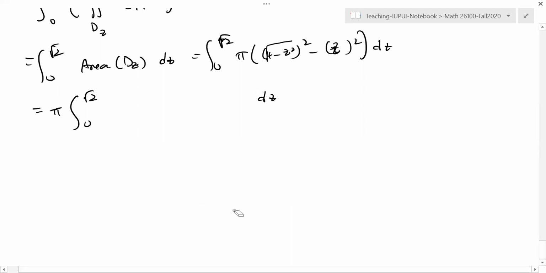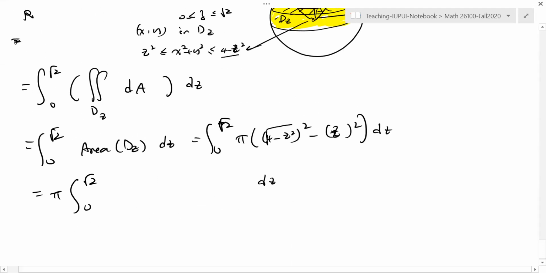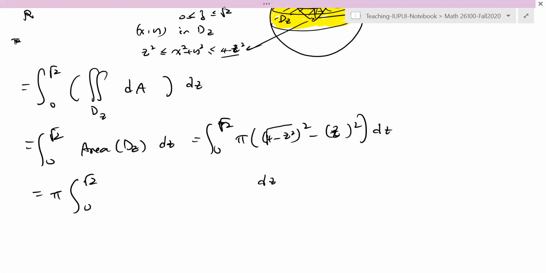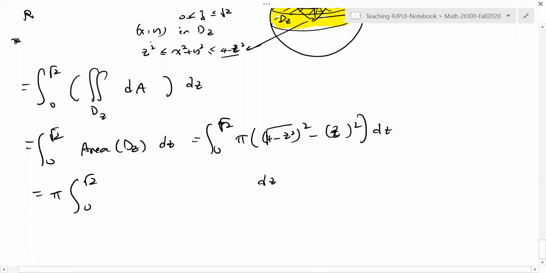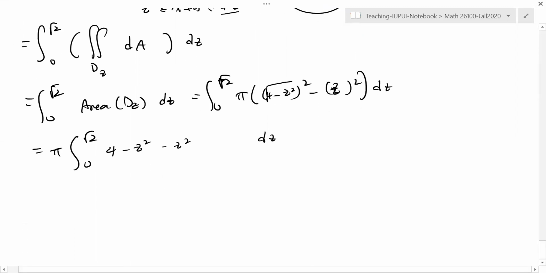Okay, so the radius, you see, when you write the equation, this is pi, and then it's minus z squared, and then minus z squared. So z squared is not canceled out.